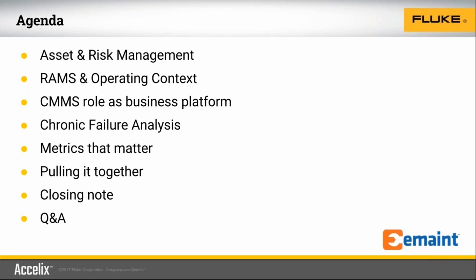We'll go through where the CMMS fits in all of this, and then a very complex subject, chronic failure analysis, which addresses failure modes, and a little bit about metrics and how you can use what you already know to come up with good metrics. And then we'll wrap it up with Q&A and questions.